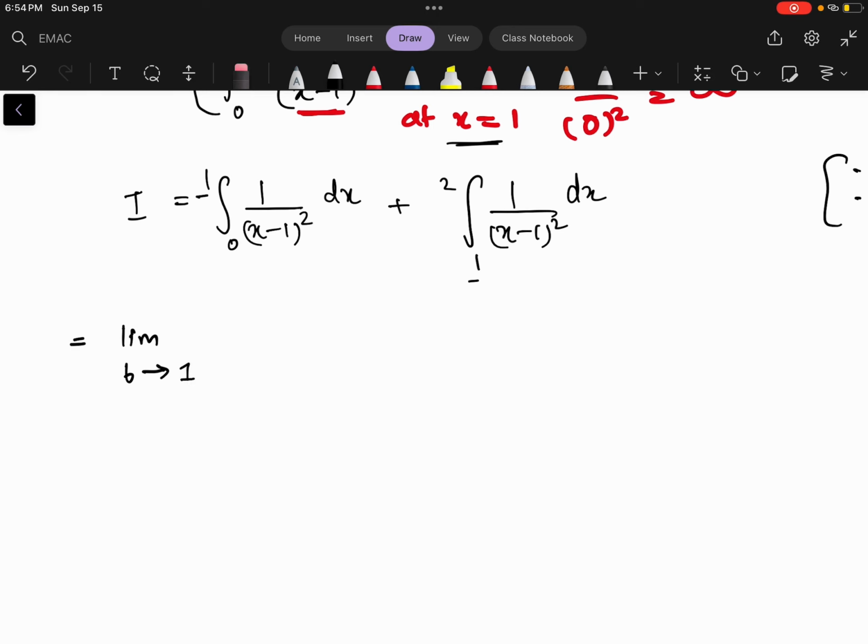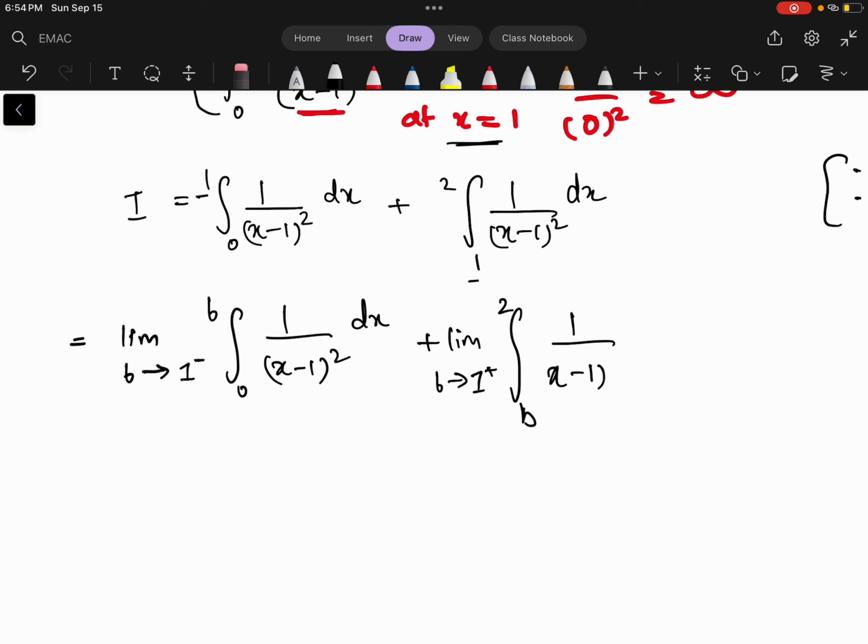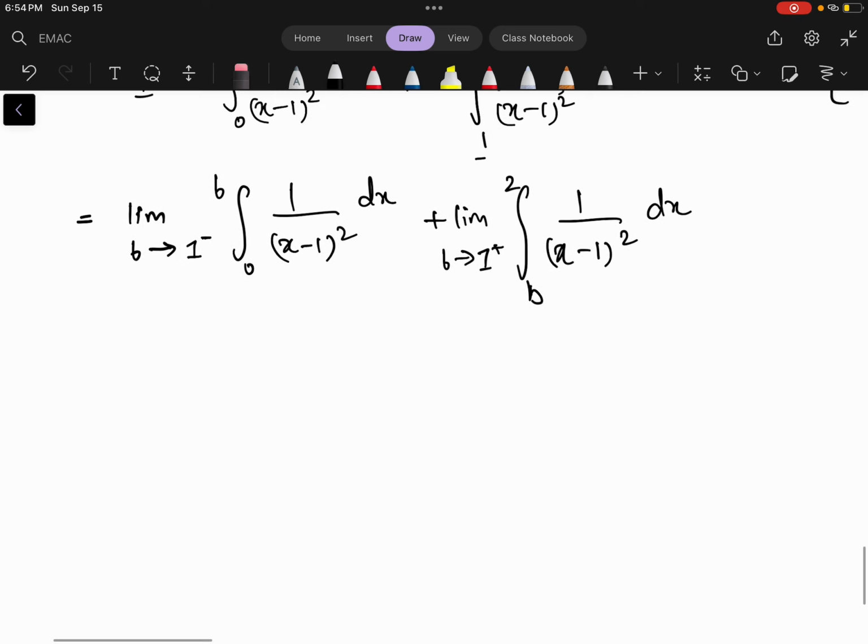The first one is the limit as b approaches 1 minus, which essentially means just below 1, so not quite 1. So that's the integral from 0 to b of 1 over x minus 1 whole squared dx, plus we're going to use a limit here as well, but as b approaches 1 plus, which means a little over 1. So that's the integral from b to 2 of 1 over x minus 1 whole squared dx.